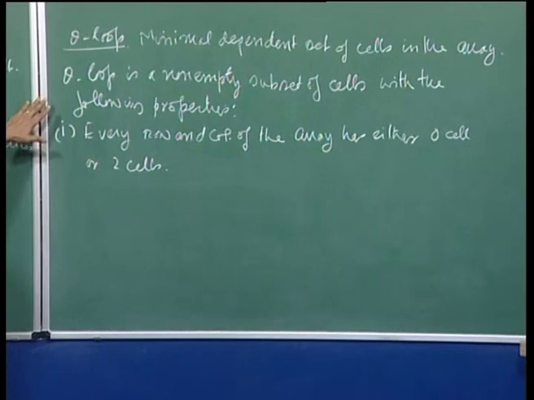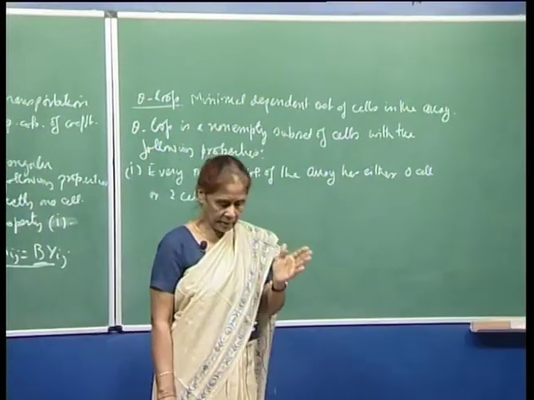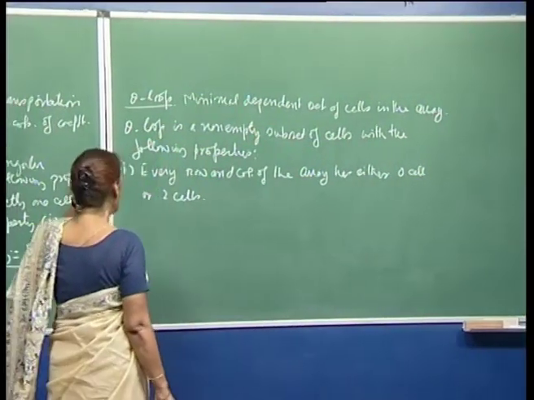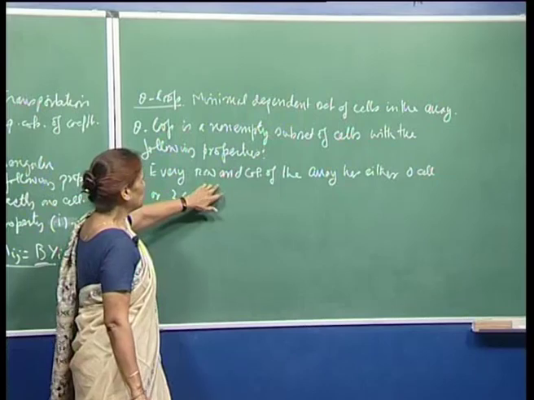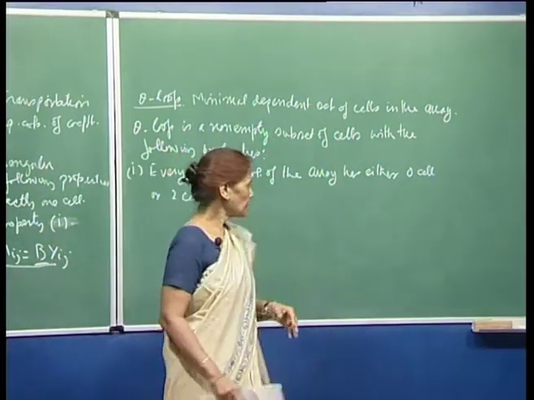Okay. So, I am trying to say that it is a subset of cells, and when does it qualify to be a theta loop? It is that every row and column of the array has either a 0 cell from this set or 2 cells, right.